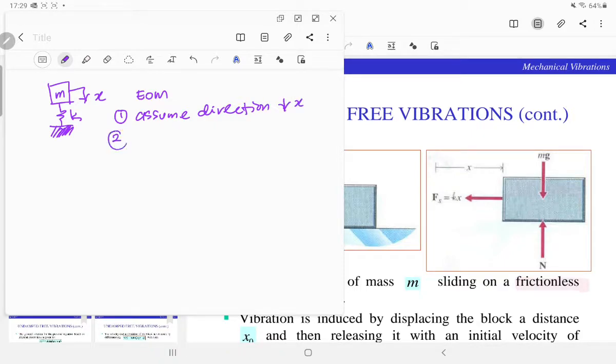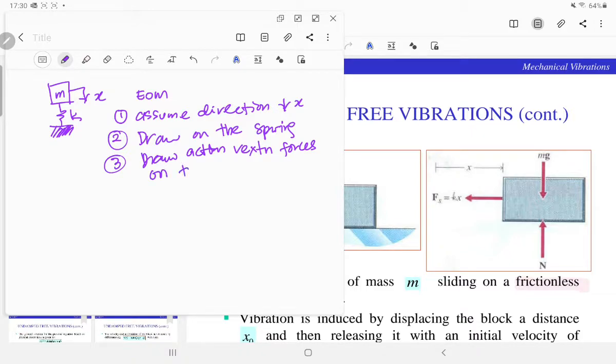After that, you draw the forces on the spring, and then only you draw the action-reaction forces on the mass.